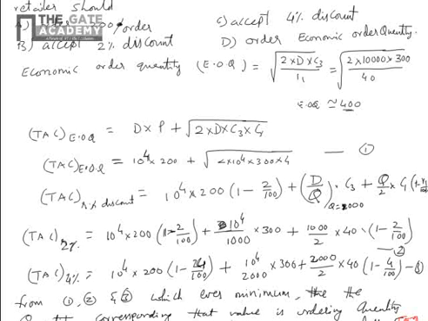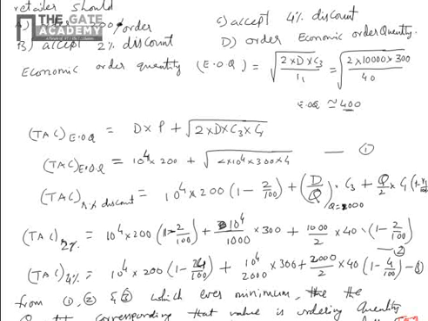So we have to calculate for those two discount levels. We have two different quantities Q: Q equal to 1000, Q equal to 2000. For those two different discount levels, with different ordering quantities, we need to calculate the total annual cost. So finally we will get three equations.